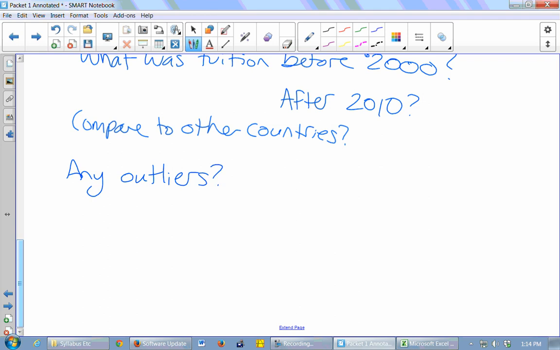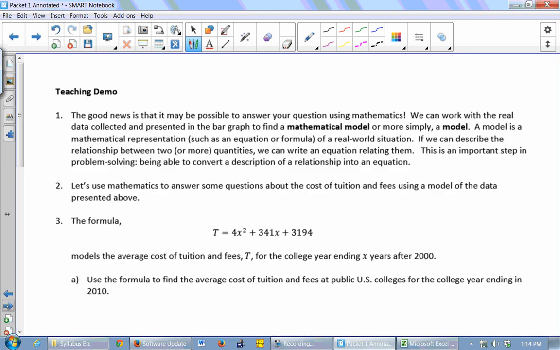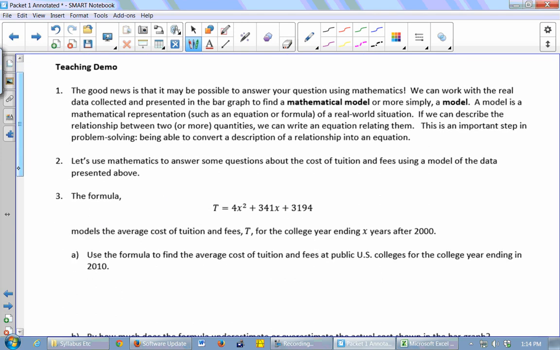Private colleges? Compared to private colleges? Yeah. All right, so that's good. We have lots of questions we can ask about that data.